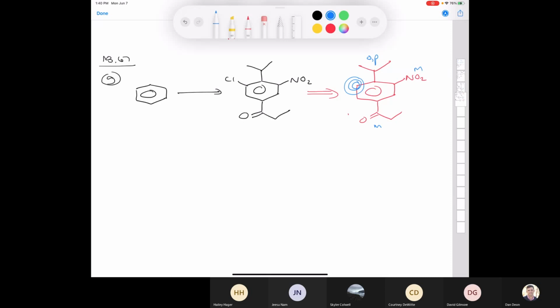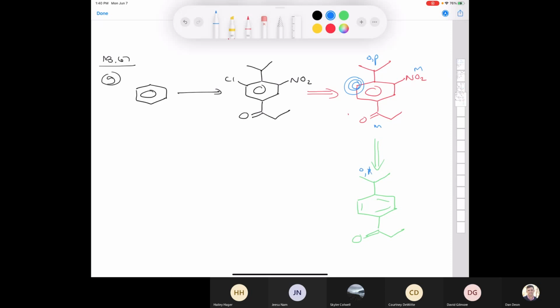Just in terms of our retrosynthesis, I think the second to last thing that you would want to do, and let's do 2 retrosynthetic steps, would be the nitro, right? Because if you have the isopropyl installed, and if you have the acyl group installed like that, this is an ortho-para director.